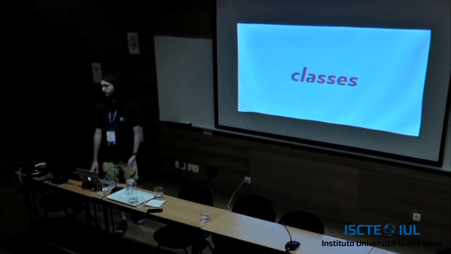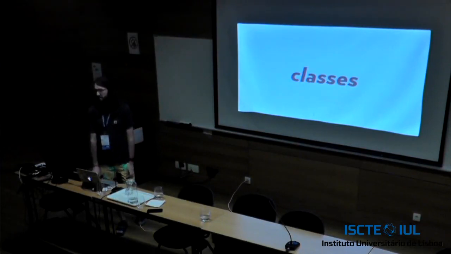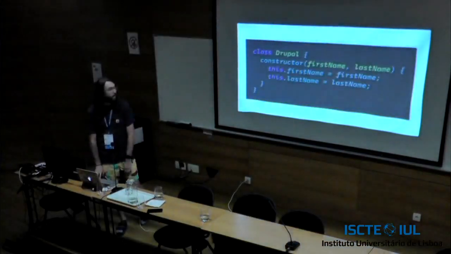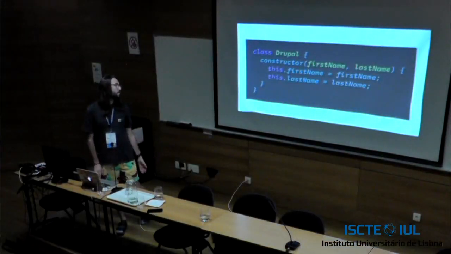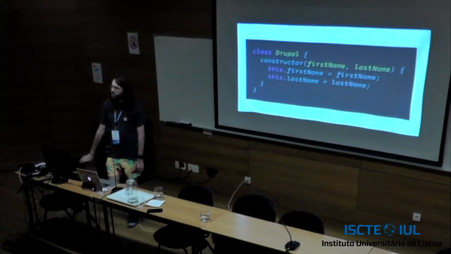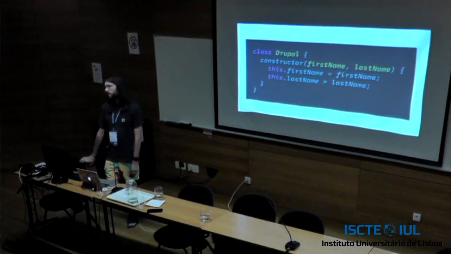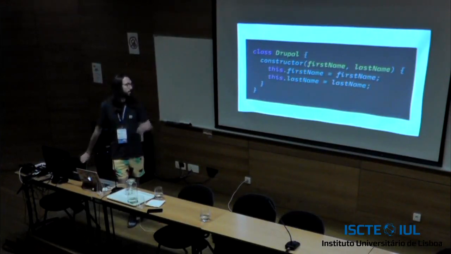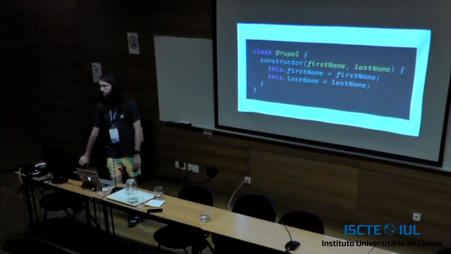There's no new object-oriented interface with classes. It's not a magic thing we're getting. So classes really just give you a nice interface to capture your data. If you're used to writing a function and then adding things to the prototype, you can create a new instance of Drupal and attach some properties and methods.